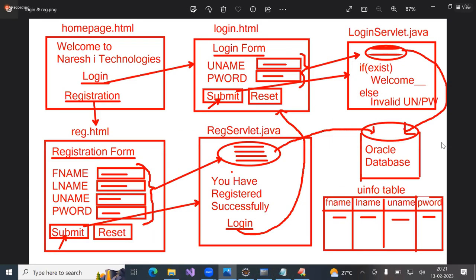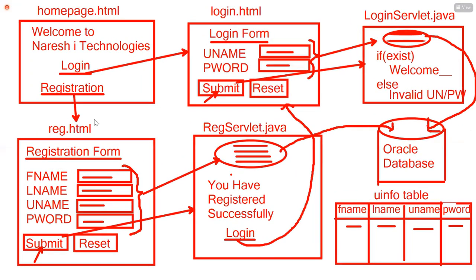This application is completed. Okay. Now say one HTML, three HTML programs: homepage.html, login.html, registration.html, and two servlets. In both servlets I wrote SQL code also. The SQL code is passed to the database. I wrote HTML code also, and that HTML code is passed to the browser.